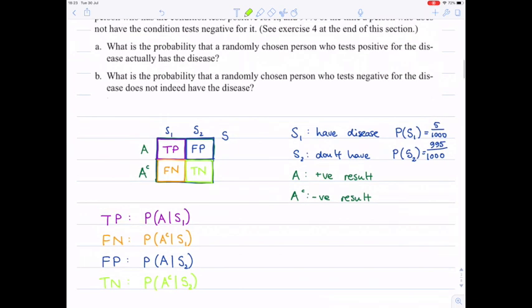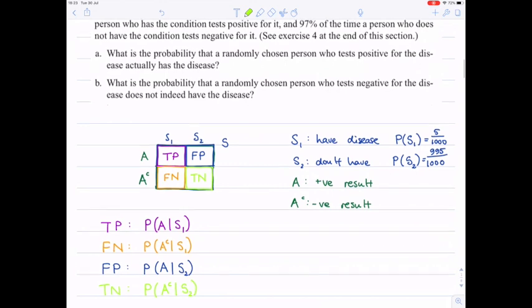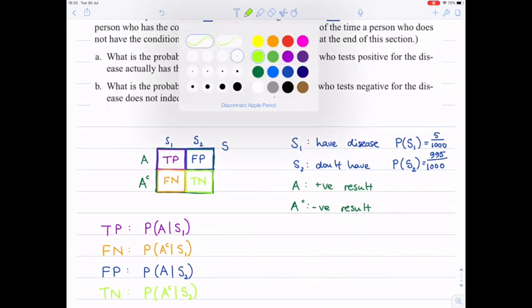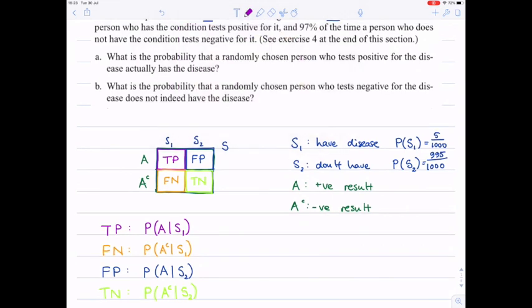So this is the information that we can get out of this diagram, but bear in mind the question we're actually asking is, what is the probability that a randomly chosen person who tests positive for the disease has the disease? So what we want to find out is the probability that a person who tests positive for the disease actually has the disease.